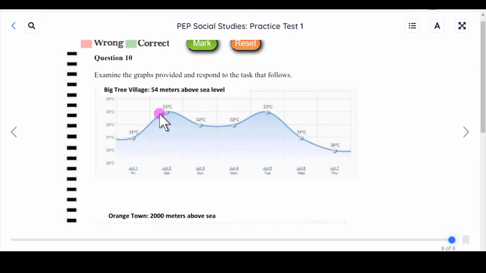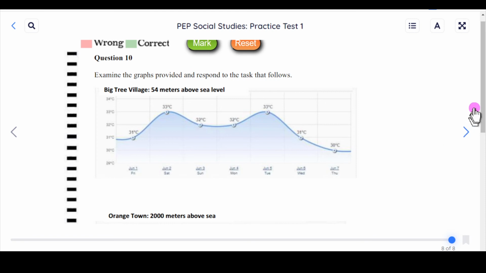So we have Big Tree Village, which is 54 meters above sea level. Here on one side, I see temperatures, and here I'm seeing the dates. So this is my y-axis, y to the sky, and this is my x-axis. This is my vertical, this is my horizontal.